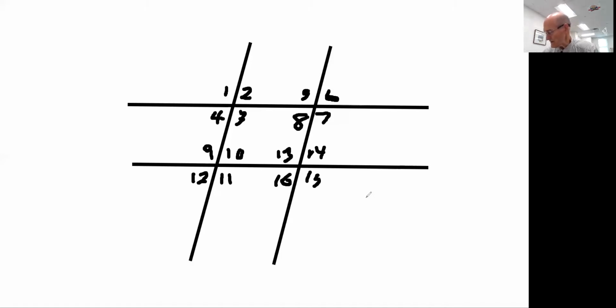And then we label our lines. So we're going to let this line here be M. Line M. This is line L. And the top 2 lines, this is line B, and this is line A. So now if I look over here, okay, let's say I have angle 2 is congruent to angle 8.